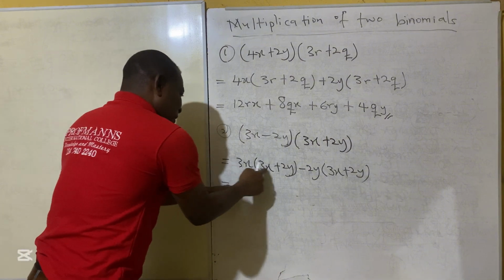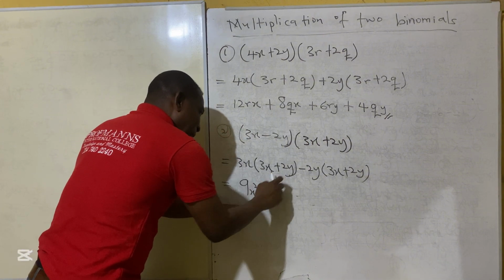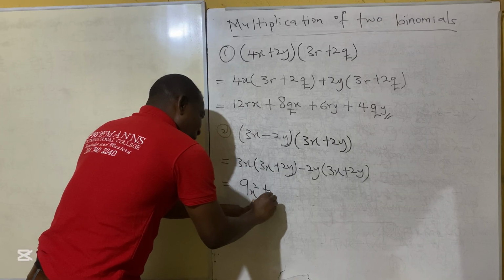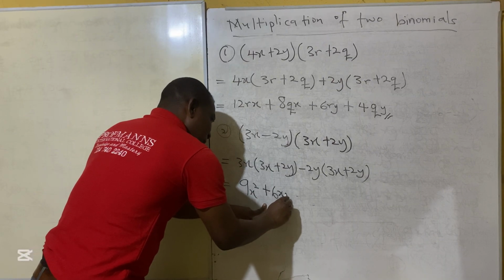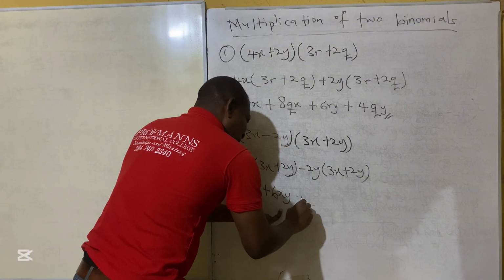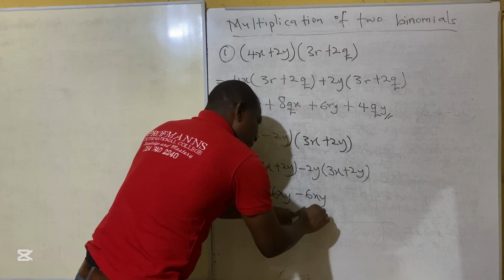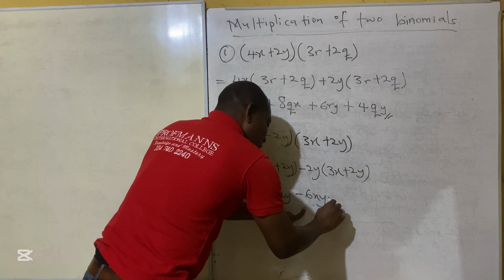Now, 3x times 3x, 9x squared. 3x times 2y, plus 6xy. Minus 2y times 3x gives us minus 6xy.